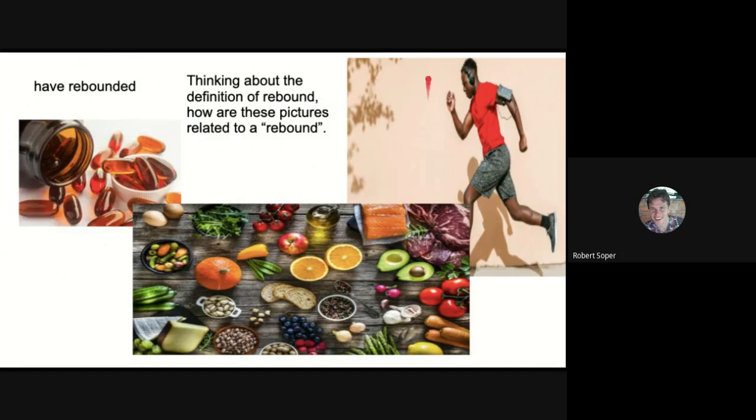Because if you're staying fit, it means you are less likely to get sick again. And if you're running as enthusiastically as this man is running, it shows that you have recovered from your illness. So all of these can be connected to this word rebound when we think of recovering from an illness.